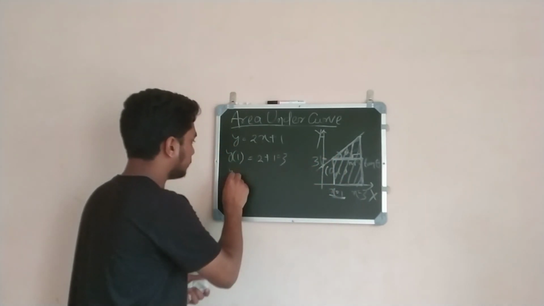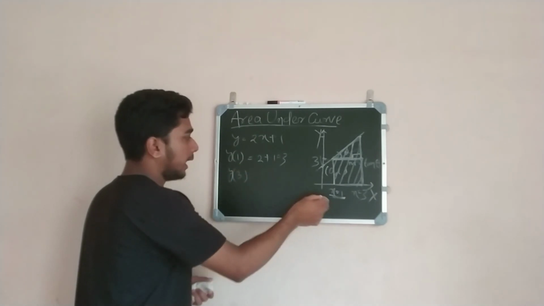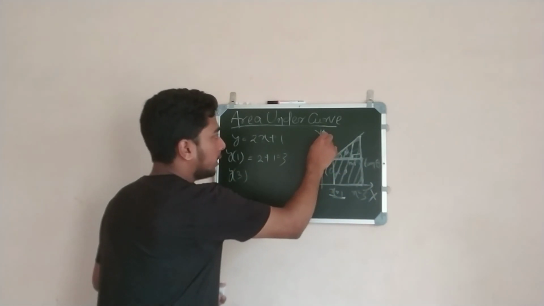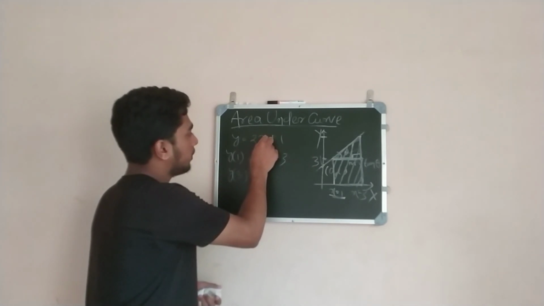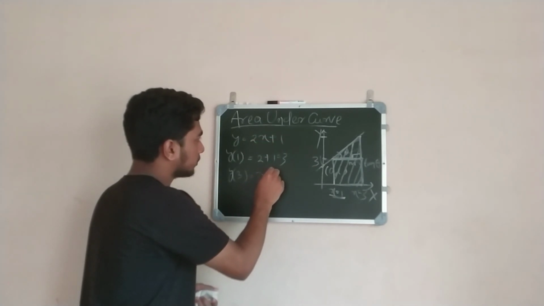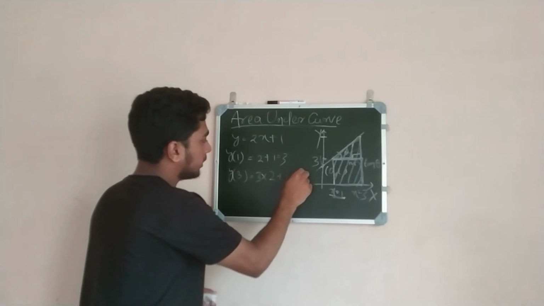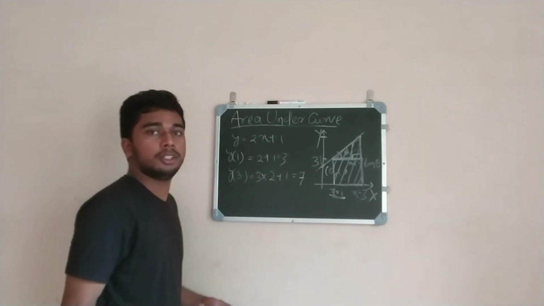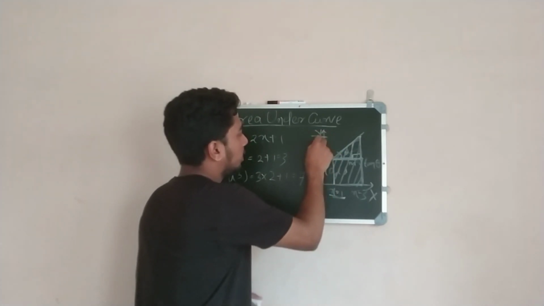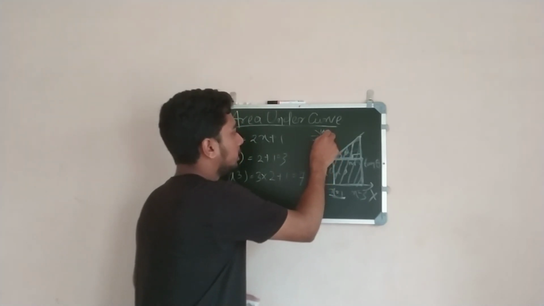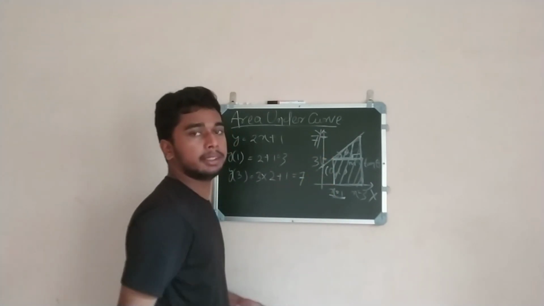Then again put x is equal to 3 to find out this point. So this will be 2 multiplied by 3 plus 1. So this is 7. So I find the location of this point. That means this is 7.